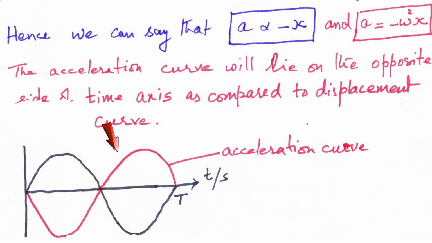The acceleration curve will lie on the opposite side of the time axis as compared to the displacement curve. If you look at the graph, the black one is the displacement curve and the red one is the acceleration curve. Can you see that the acceleration will be maximum when displacement is maximum, that is at points B, and at the mean position the acceleration is zero.